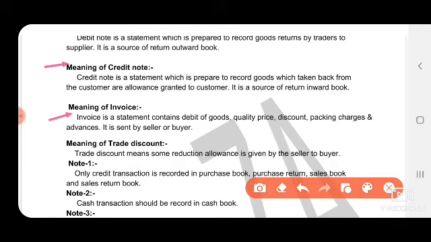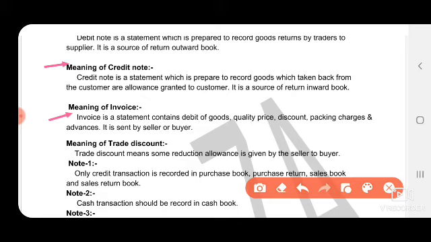Next, meaning of invoice. An invoice is a statement containing details of goods, quality, price, discount, packing charges and advance. It is sent by the seller. So it's like a bill, an invoice bill. If you purchase anything from a mall or any shop, they will give a bill, that is an invoice bill.